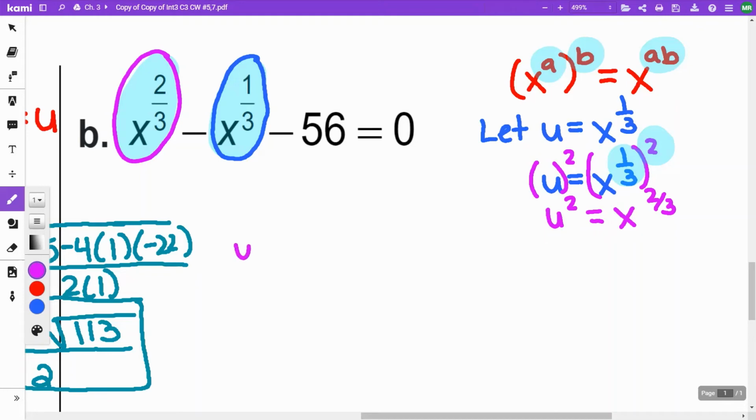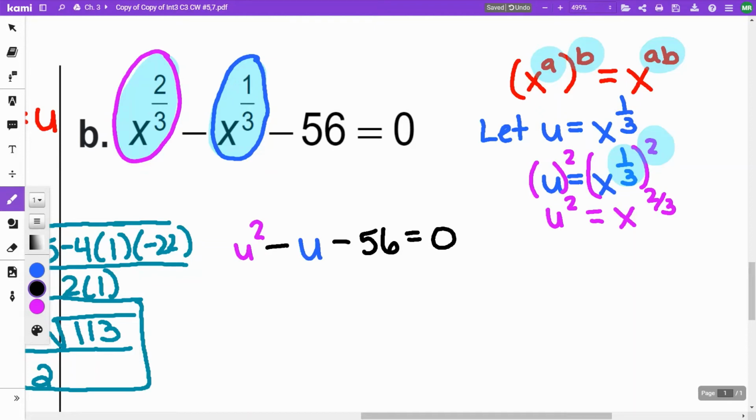So now, in place of x to the 2/3, I can write u squared. So I'm going to write u squared minus, and my x to the 1/3, which is here, remember I'm going to have be a u. So I'm going to write minus u minus 56 equals 0. This is a much nicer problem than having it be x to the 2/3, x to the 1/3.